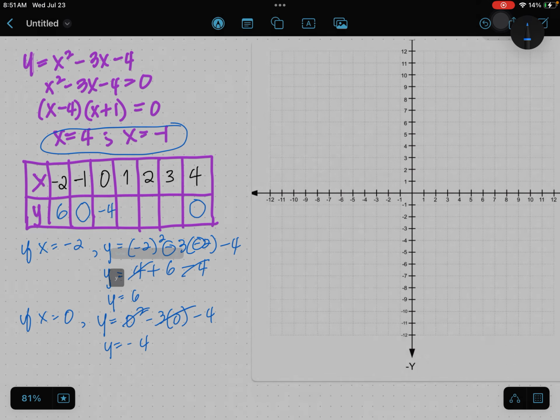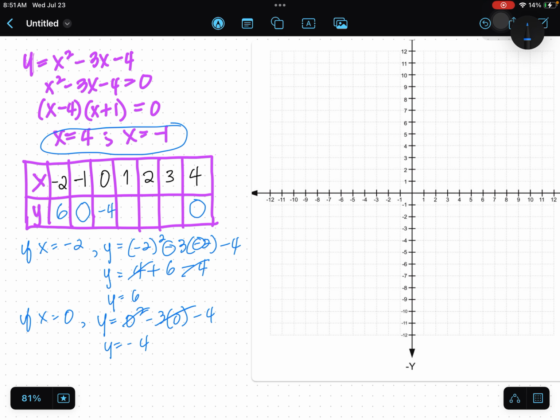And then, for the rest, kayo na bahalang mag-solve kasi gusto ko na mag-proceed dun sa graphing part. Kukumpletuhin ko na lang tong table na to. So, 1 minus 3 minus 4, that is negative 6.